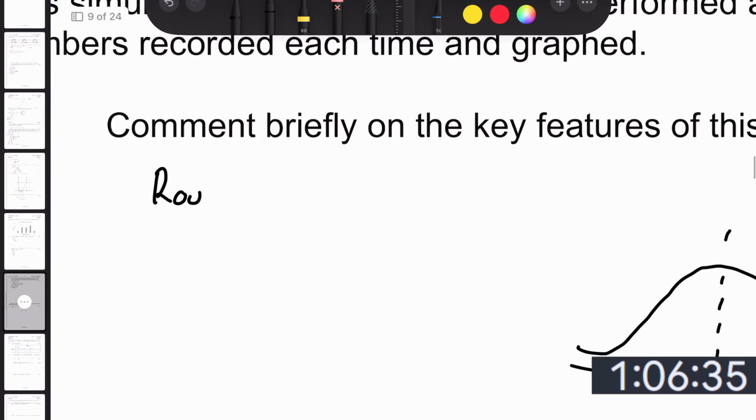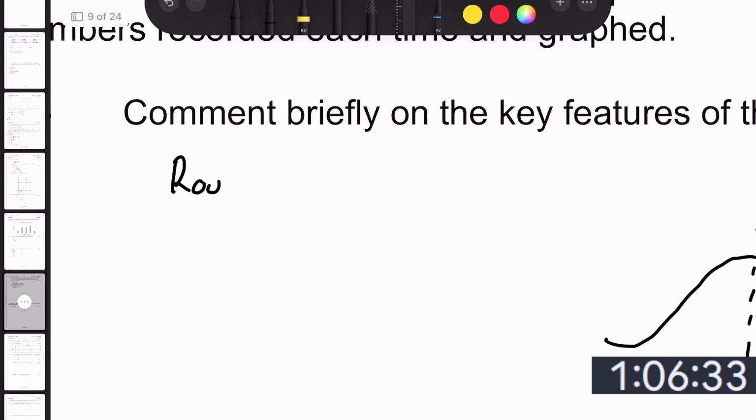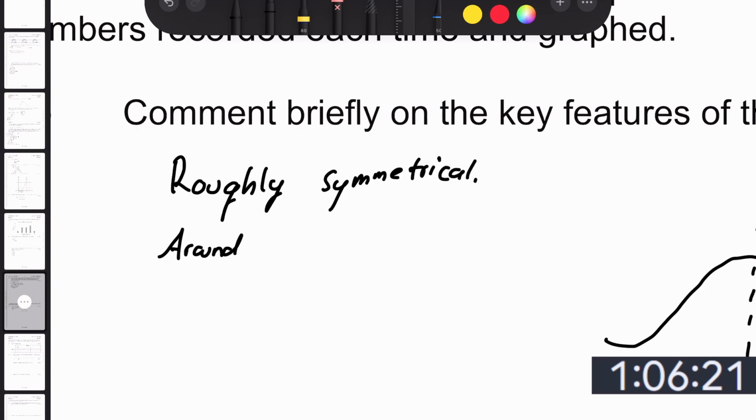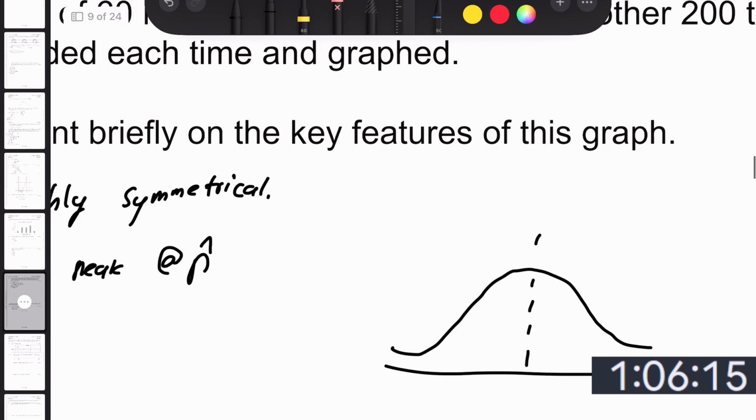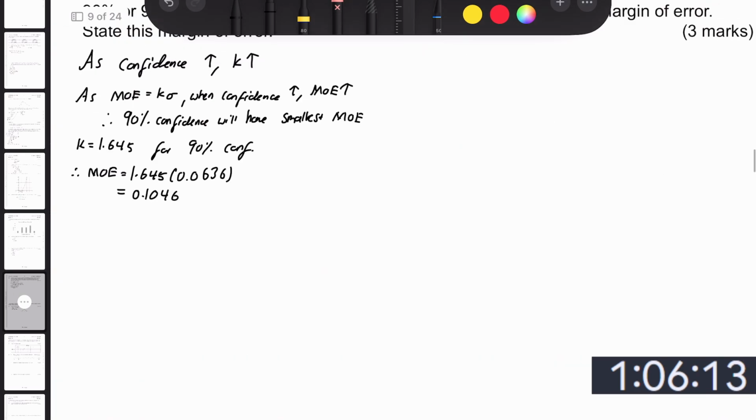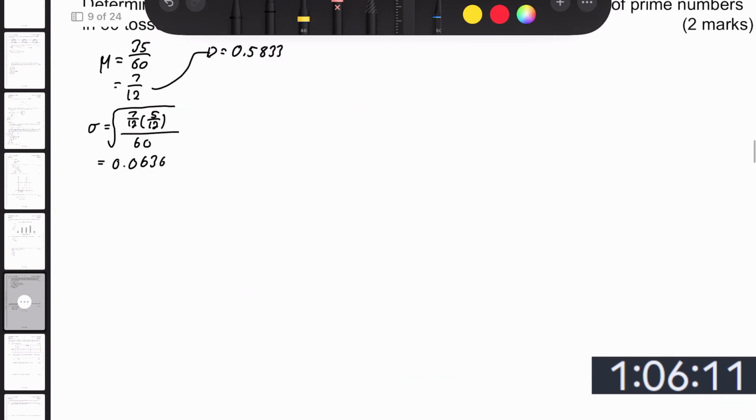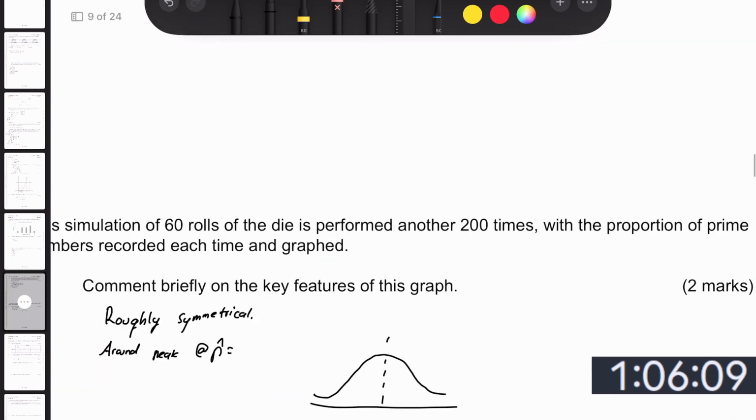Oh, okay. So I'm going to say roughly symmetrical, and I think the other one's probably going to be peak at. Roughly symmetrical around peak at p hat equals, what was the mean again? 0.5833.